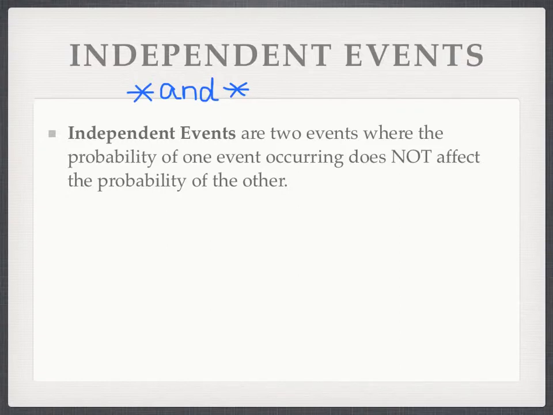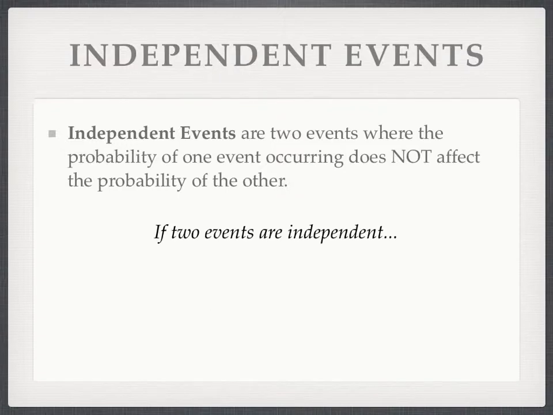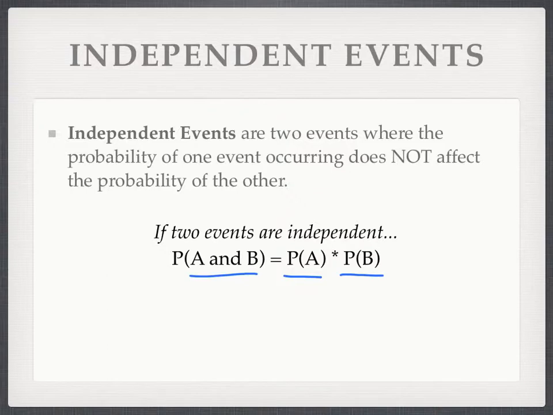But so two independent events would be two events that are entirely unrelated. Okay, and you can find the probability of those two events. So the probability of these two events occurring is just multiplication. That's the big takeaway here, is that if I want the probability of this and that, I do the probability of the first thing times the probability of the second thing.